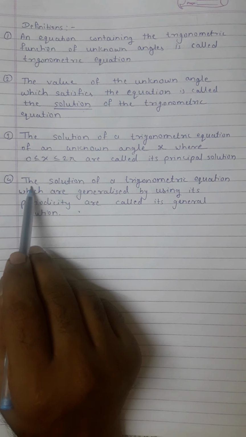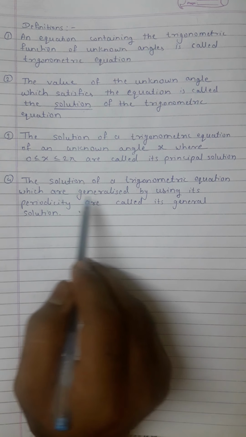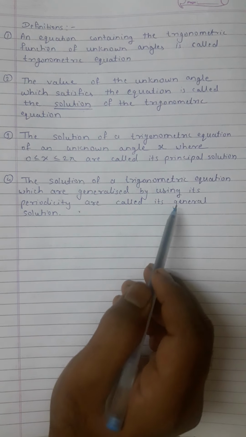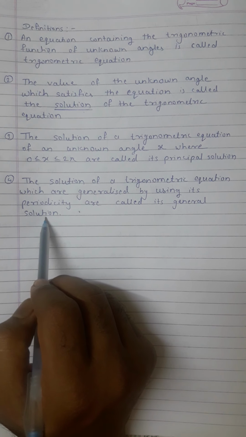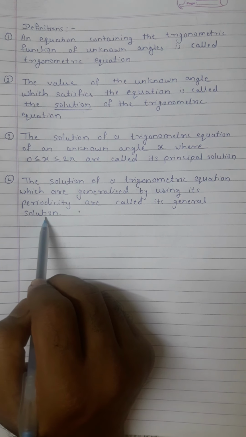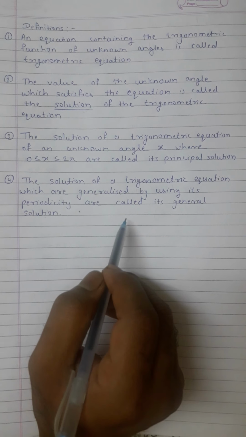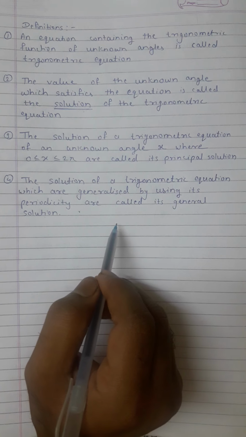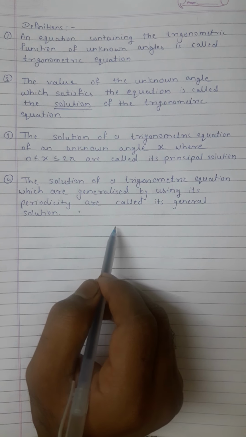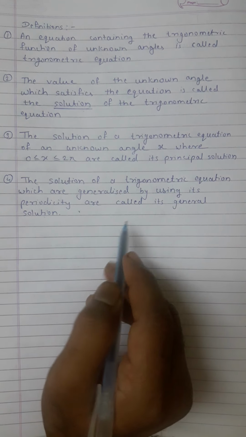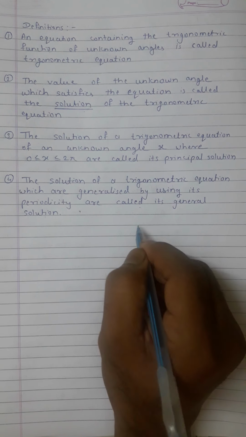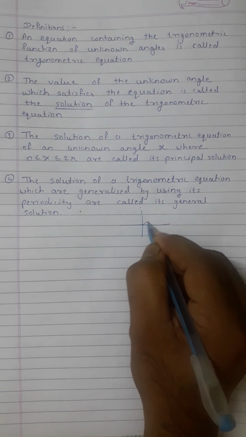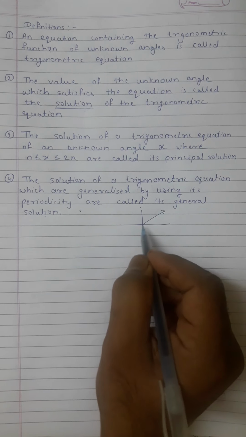Now what is general solution? The solutions of a trigonometric equation which are generalized by using its periodicity are called its general solution. Now what is periodicity? After a rotation of 360 degrees, the same angle repeats, and the trigonometric value of that angle is the same as that of the previous angle. In 11th standard we have seen a rotation.